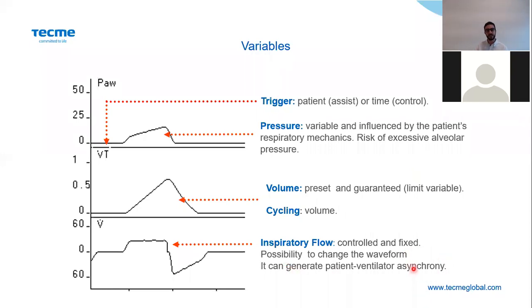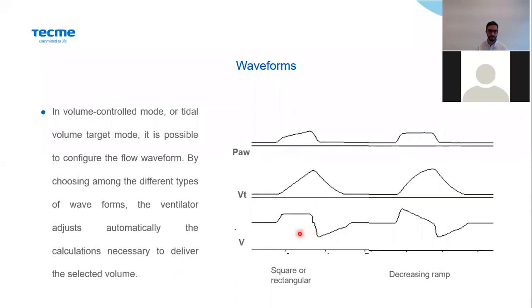You can change here between two different waveforms. Here you have the two different waveforms you can set. This is a square or rectangular waveform, and this is a decelerating ramp.